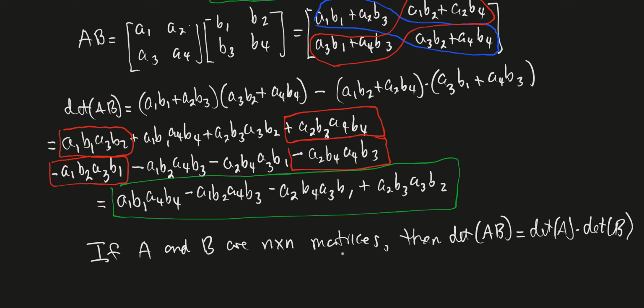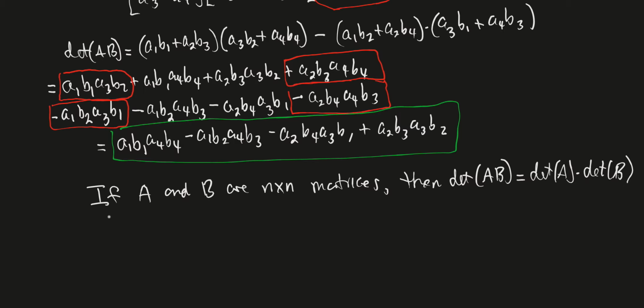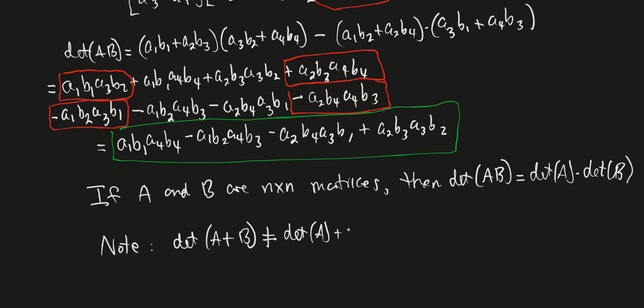What is not true, this is not true for matrix addition. And it's really easy to come up with counterexamples to that statement. So I'm just going to make a note here, right? In general, the determinant of A plus B is not equal to the determinant of A plus the determinant of B, right?